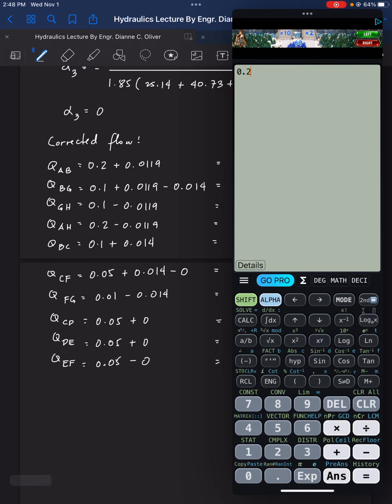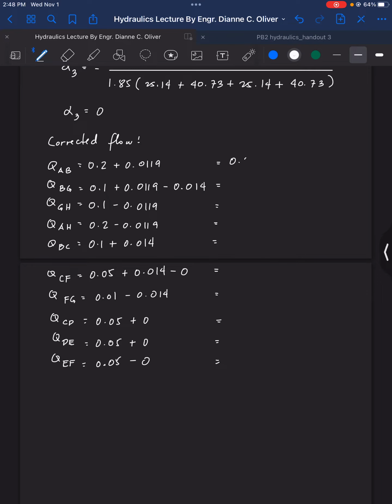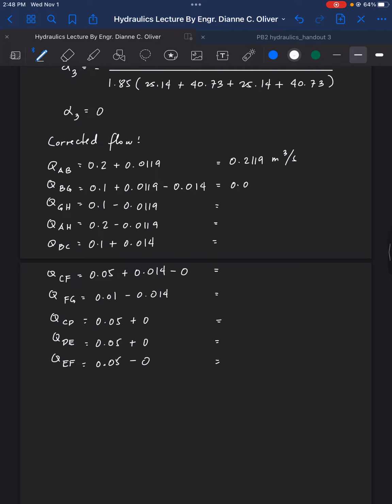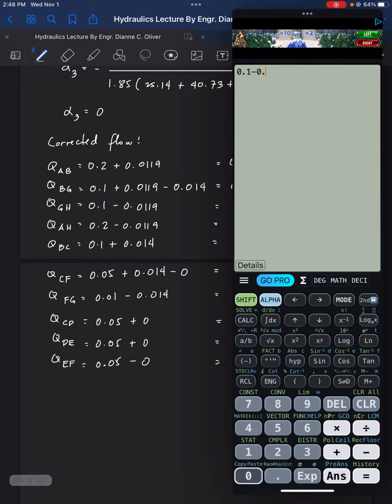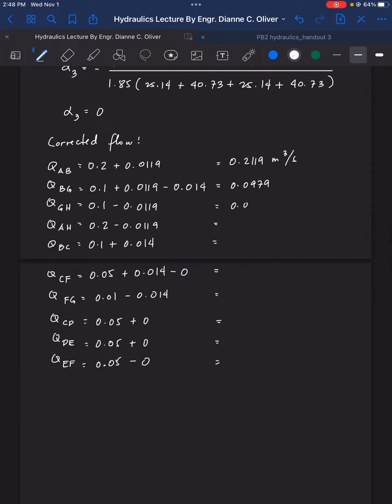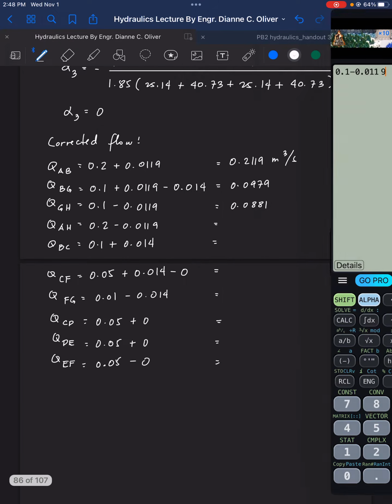So 0.2 plus 0.0119 is 0.2119, and that is in cubic meter per second. Next, 0.1 plus 0.0119 minus 0.014, so that is 0.0979. 0.1 minus 0.0119, 0.0881.